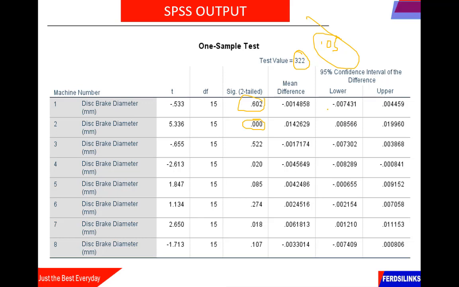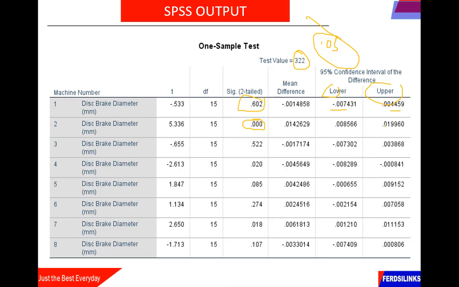And the last part is using the upper and the lower limit. If you are dealing with this test and the lower limit is negative and the upper limit is positive, then your test is insignificant. If both are positive, the test is significant, and if both are negative, the test is significant. That's why you can say this is negative and this is positive.